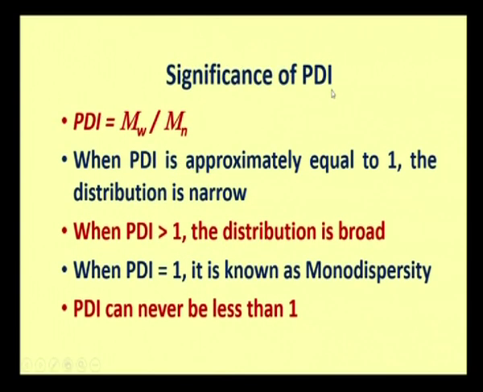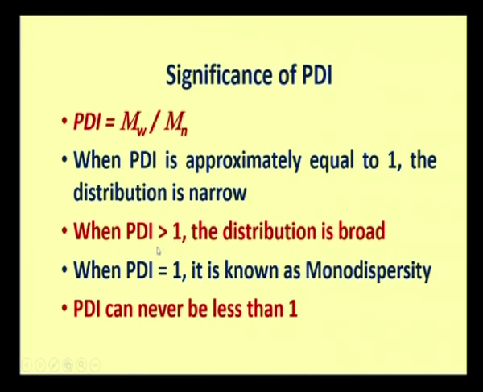Now, what is the significance of this ratio, the polydispersity index? This is, by calculation or by measurement, equal to MW by Mn, that is weight average molecular weight divided by number average molecular weight. When this PDI value is approximately equal to 1, it cannot become equal to 1, but when it becomes very close to the value of 1, the distribution is said to be narrow.